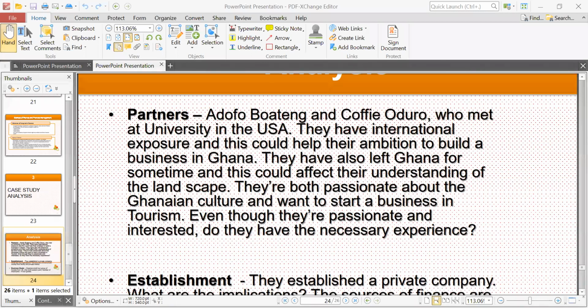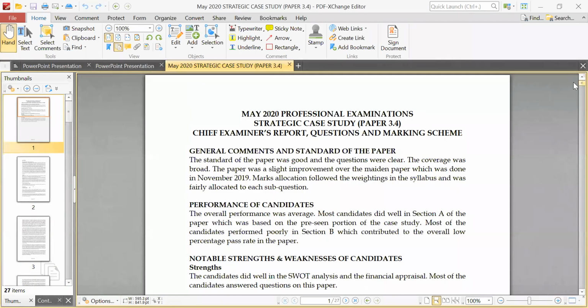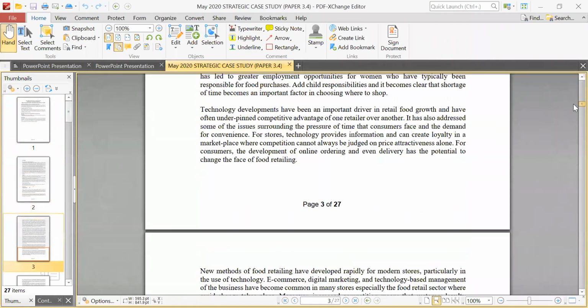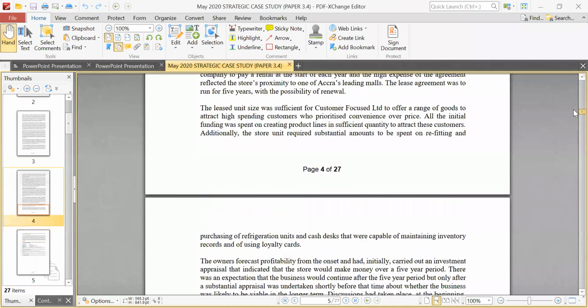So since we have like 15 minutes, let me see if I can find that other case. Can you see my screen? Yes, sir. Okay. So I don't know where we got to the other time.